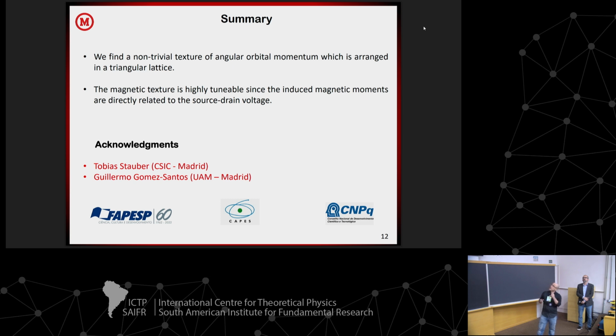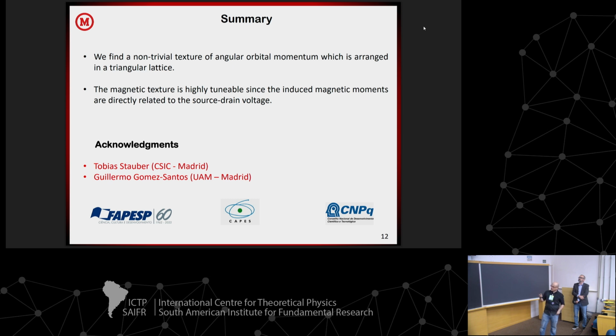This is a triangular lattice, and we couldn't find saturation, so that means that the orientation of all the magnetic moments on the AA stacked region are not pointing to the same direction. We have a net magnetic moment, but we are not saturating the system. And the orientation is random. We didn't understand why there is a preferred orientation.